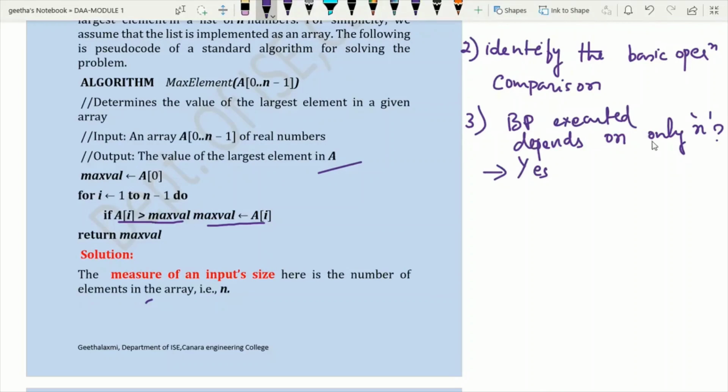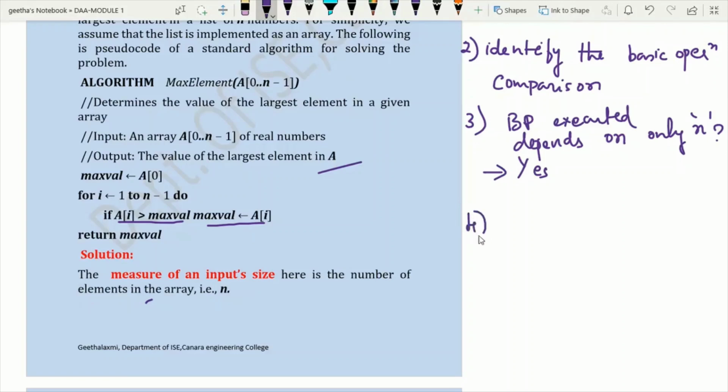So it depends only on n. There is no additional property. If suppose it depends on other additional properties, then you need to find the time efficiency according to worst case, best case and average case. Since it depends only on n, you do not find all those cases.